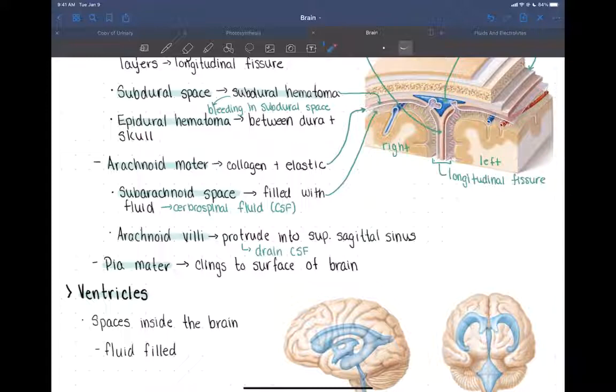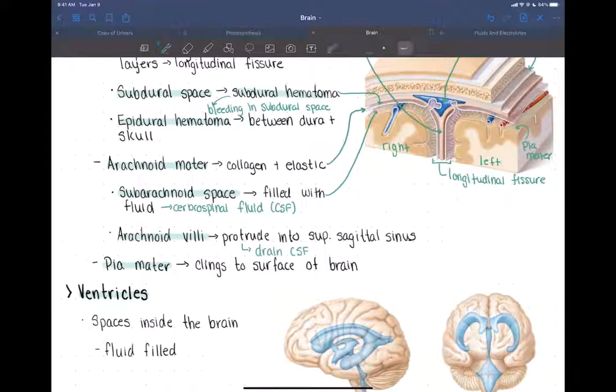And then our very last layer of the meninges is the pia mater. I'll label that up here so I don't have to do a big long arrow. So the pia mater is the layer of the meninges that sits directly on top of the brain. It essentially shrink wraps the brain.